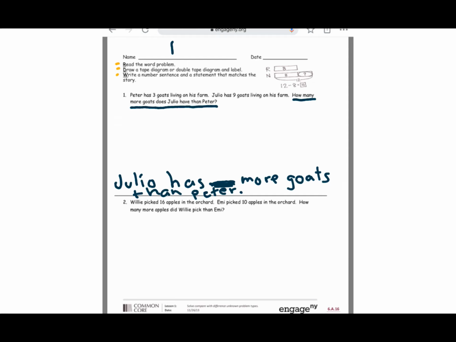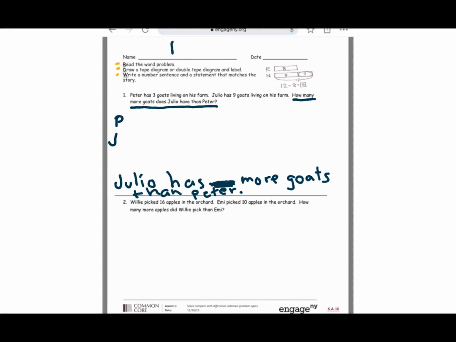We're looking for how many more goats does Julio have than Peter? The next thing that we want to do, boys and girls, is we want to write down the names of the characters in the story. So I'll put a P for Peter. He's one of my characters. And my other character is going to be J for Julio. Okay?